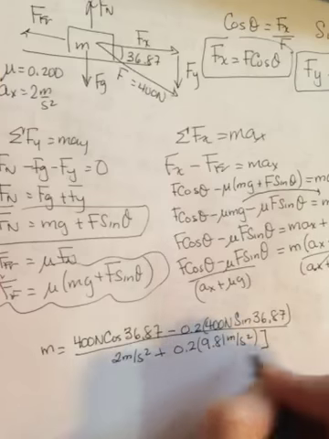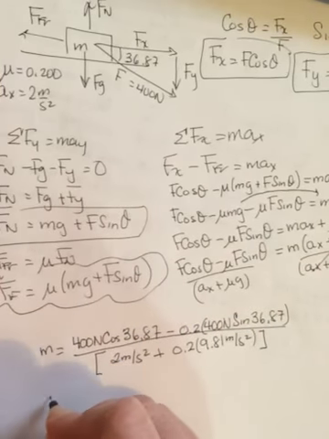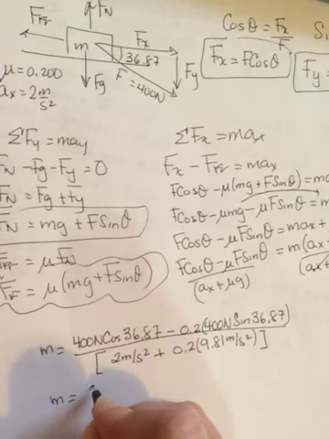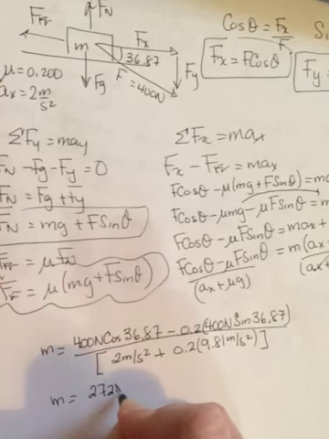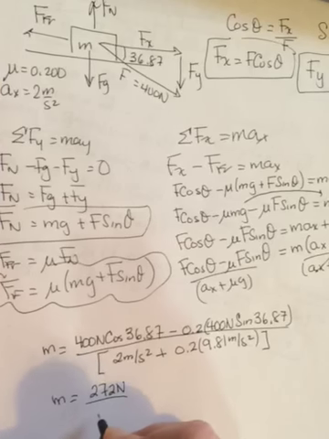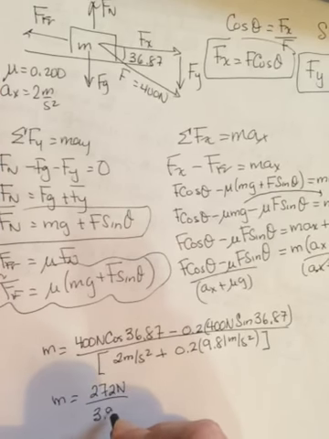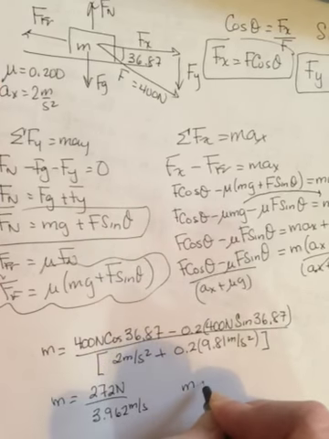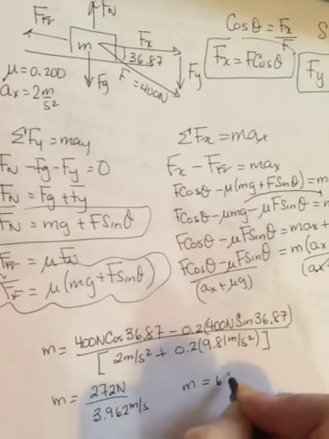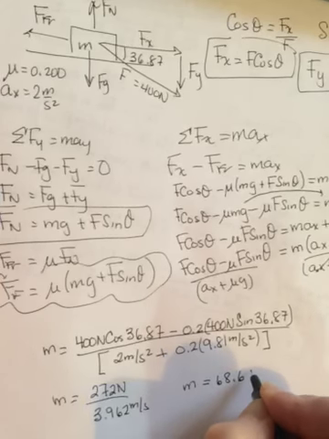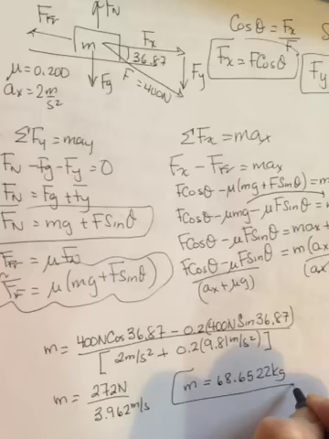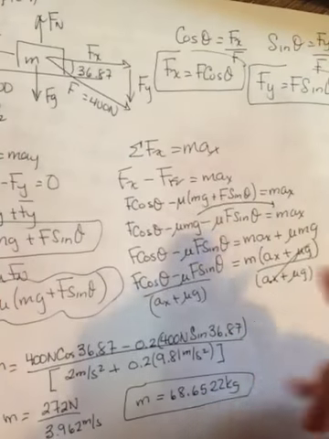And again, the trick is, can you type this in your calculator correctly? When you do the top, you should get 272 newtons. And when you do the bottom, you should get 3.962 meters per second squared. And that will give you an m of 68.6522 kilograms.